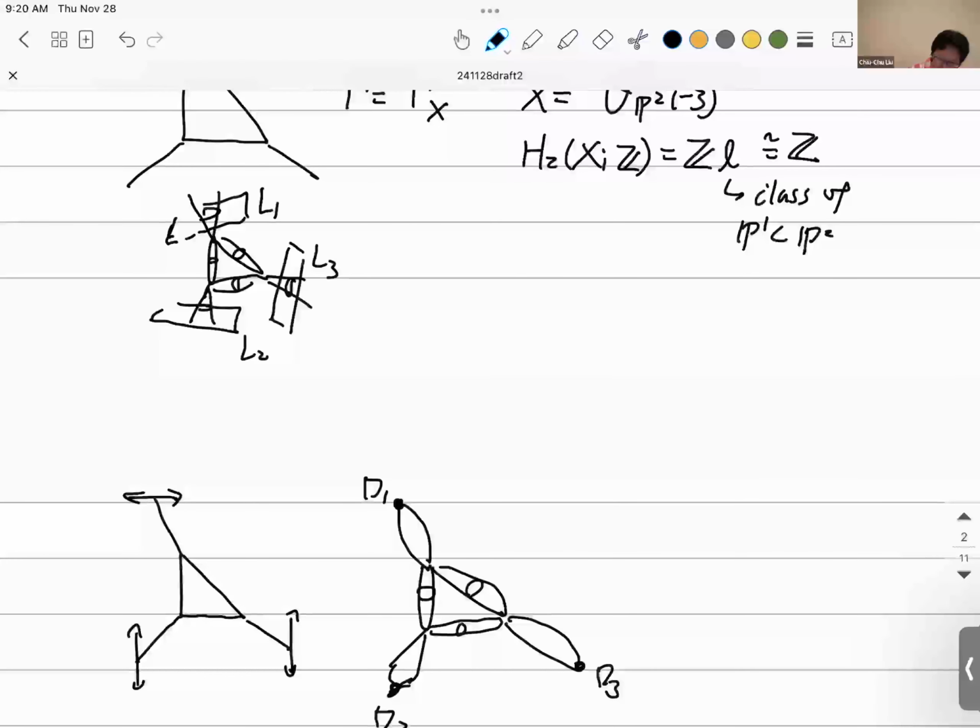But here, the open invariants will depend on genus.